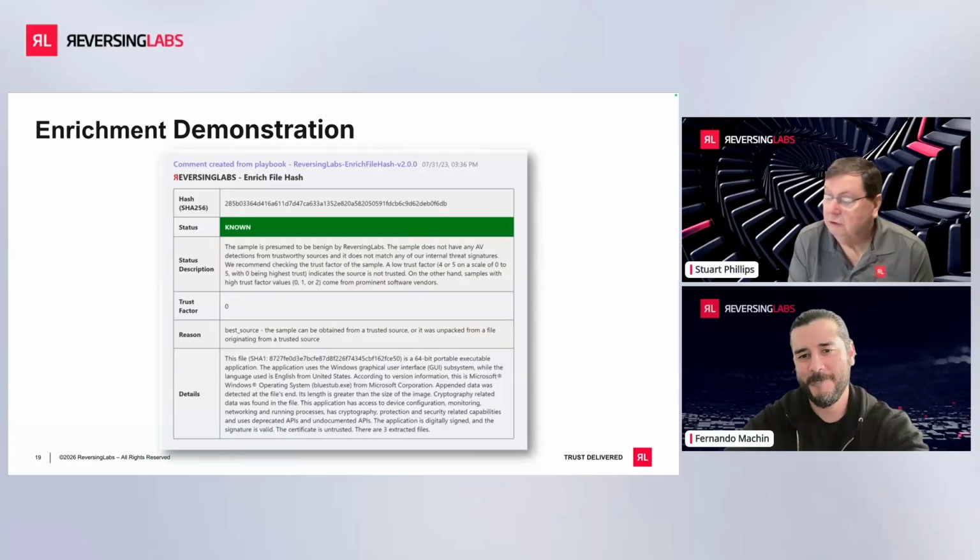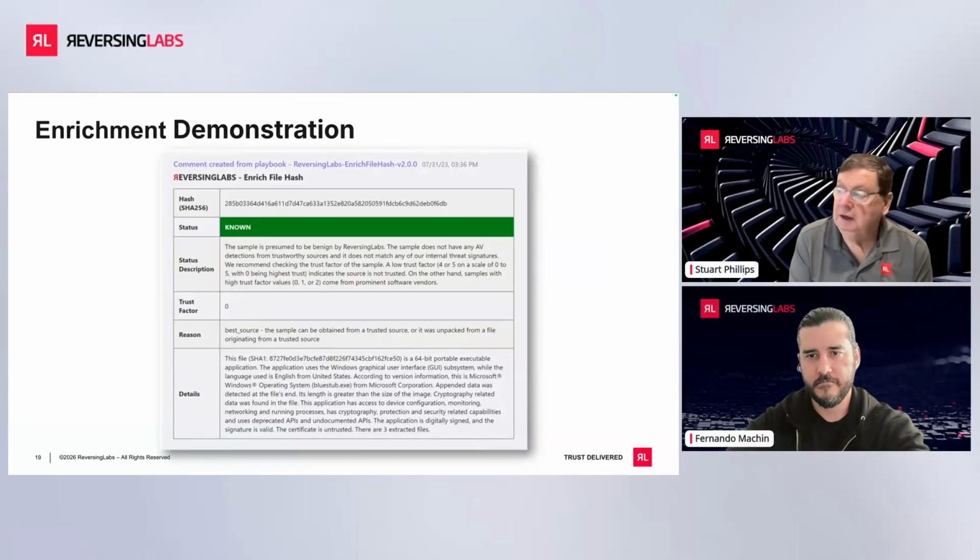So I'm going to mark this as good. If a file comes from Microsoft directly, and Microsoft is within my known good list of vendors, I'm going to go ahead and mark that as correct. Now, obviously, that could come back to bite me, but the amount of time I'm going to spend looking at this file could be significant, because it might have been sent to everybody in my organization as part of some sort of update, and I want to make sure that it's okay before I do it.